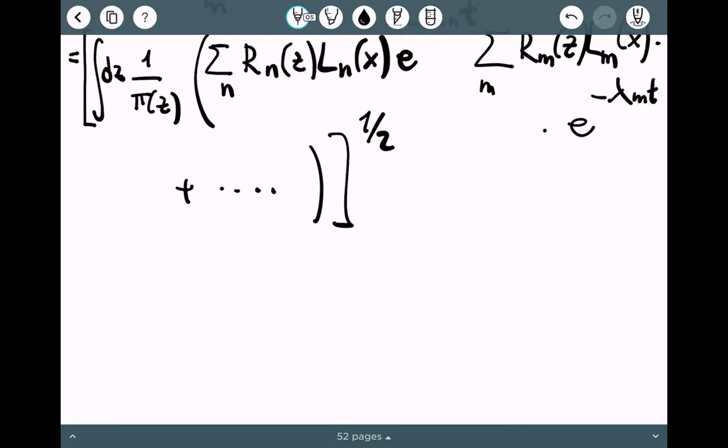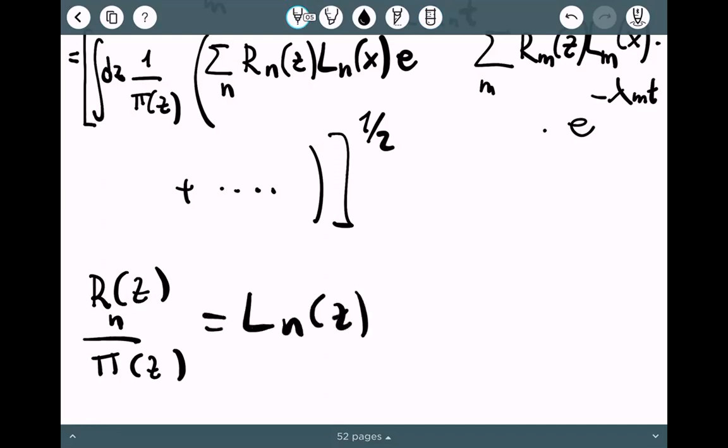Now, the crucial observation is that if I take the right eigenstates and I divide by the Boltzmann factor that sits there, I get the left states, right? We've been discussing this property that basically is an implication of the detail balance condition.